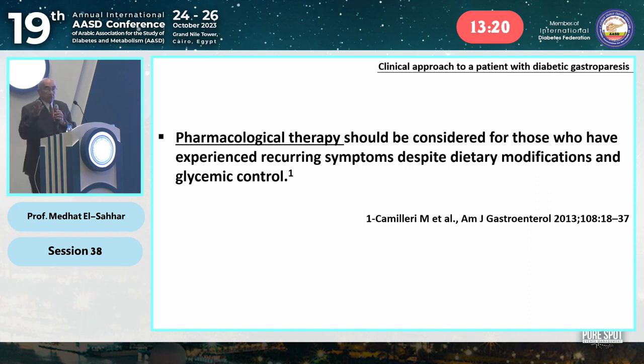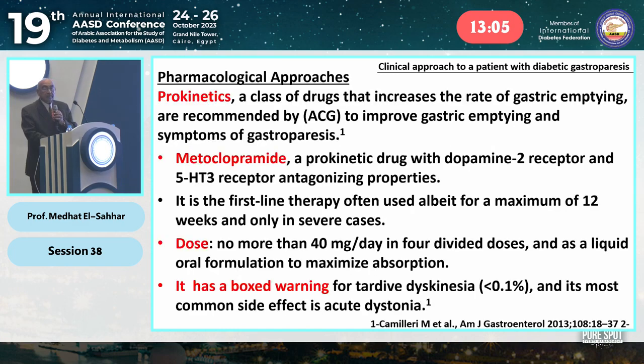If the diet is not working, if the control of the blood sugar is not working, the last thing, I have to prescribe pharmacological therapy for them. Till now, I have antiemetics and the prokinetics. And only the prokinetics that have many studies on them are metoclopramide and domperidone.